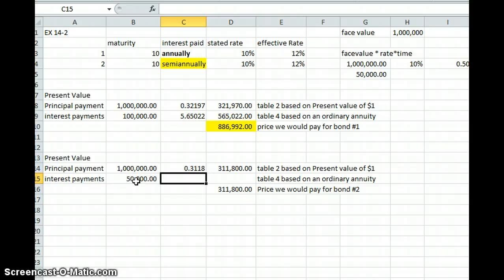And now we're going to go to table 4, which is an ordinary annuity, and we're going to find that factor. We're going to put our finger on the NI, the first column, go all the way down to 20 periods for 20 interest payments, and then we're going to find the 6%, the effective interest rate, which is 11.46992. So I'm going to type that in. And then we'll multiply the factor times the cash.